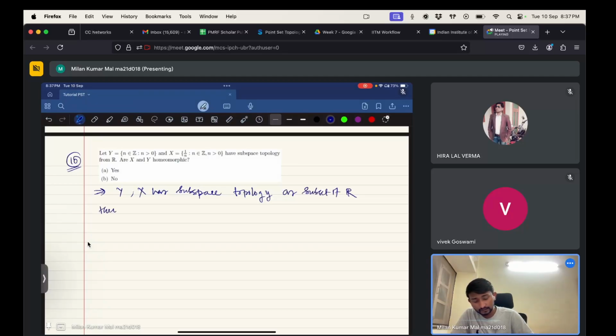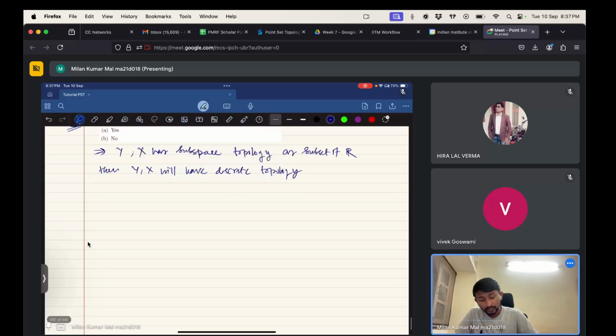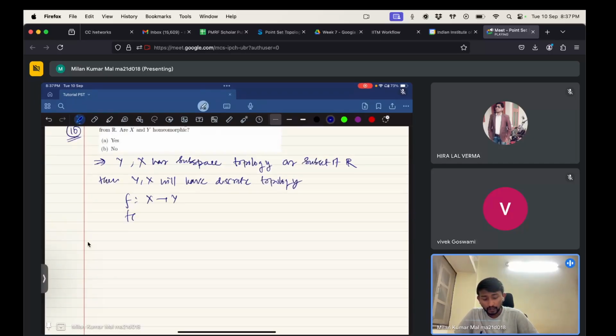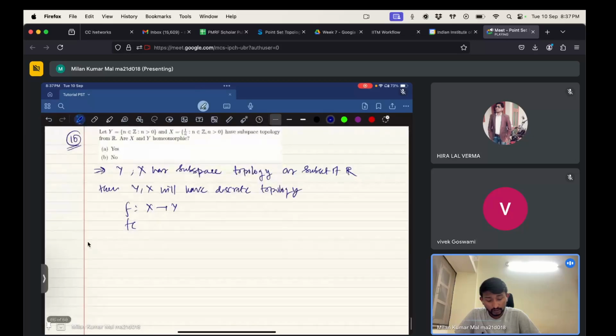Then Y and X will have the discrete topology. So Y with this subspace topology is discrete, and X with the subspace topology is discrete. Let us define a function f from Y to X by f of n equals 1 by n, which is bijective.